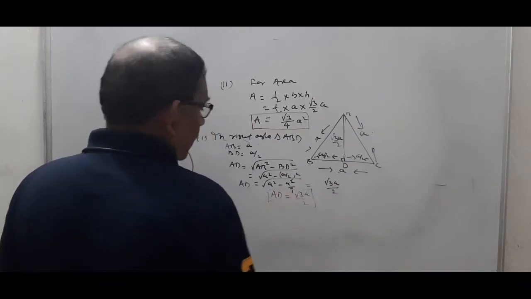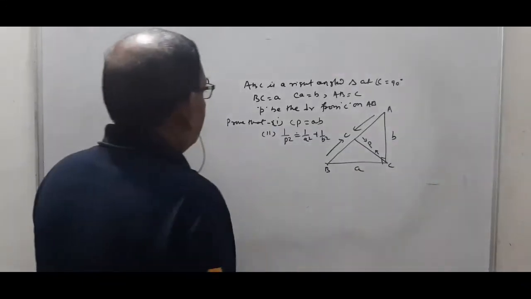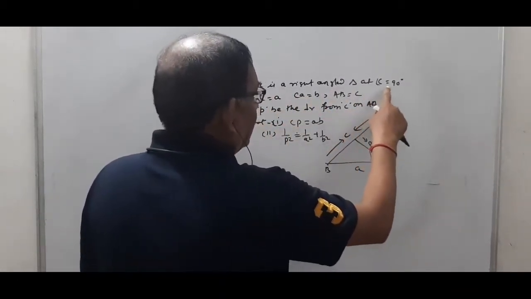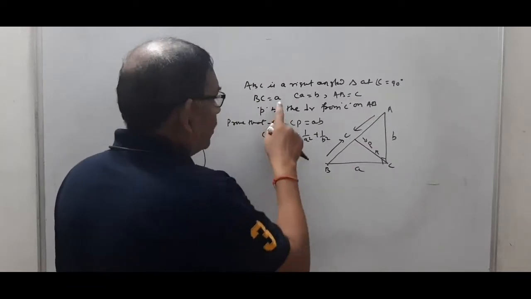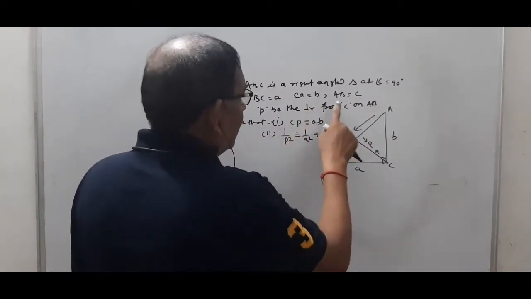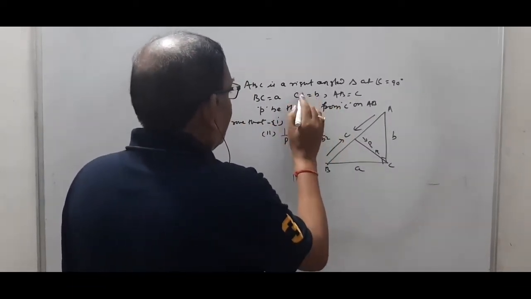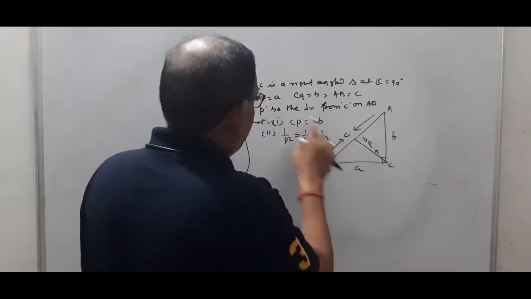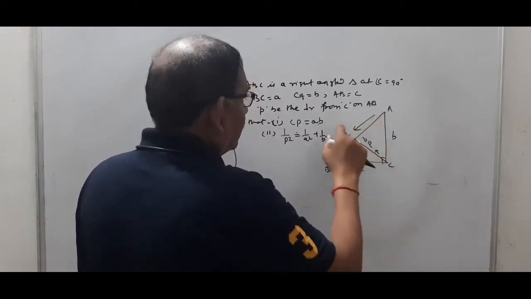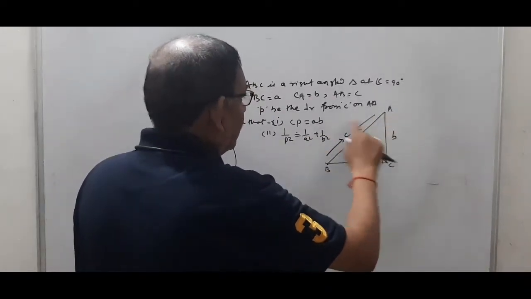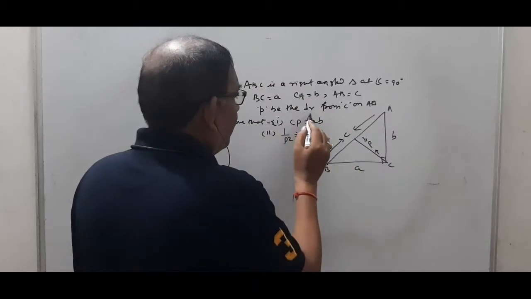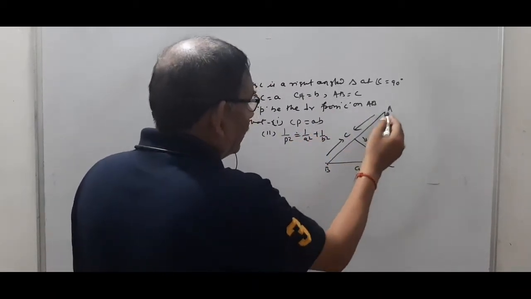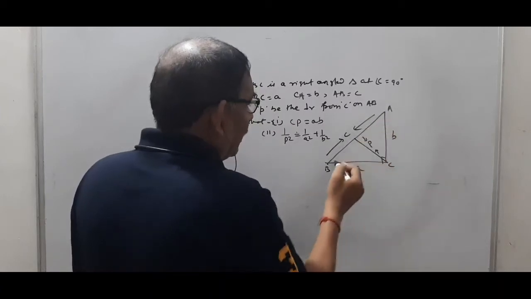Okay. For example, question number 2: ABC is a right angle triangle, right angled at C, equal to 90 degrees. Here BC is equal to A, CA is equal to B, and AB is equal to C. Let CP be the perpendicular from C on AB.